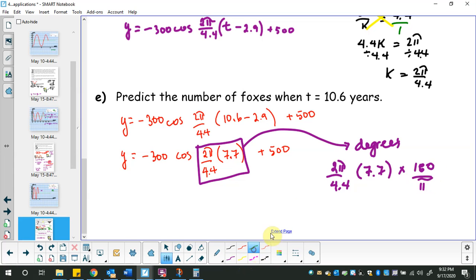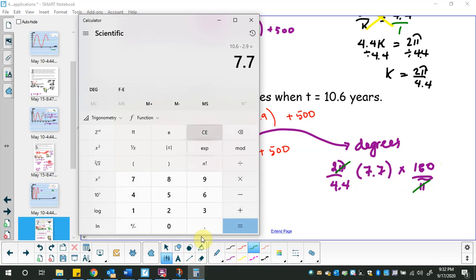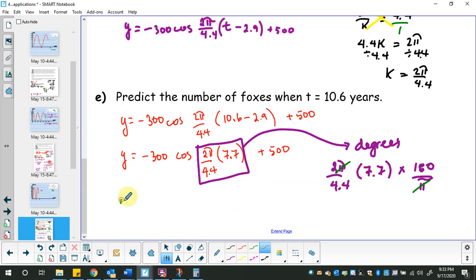And the reason I say you can just turn pi into 180 is those are going to disappear and you gain a 180 anyhow. So this is something I need to do on my calculator so I don't screw up. 2 divided by 4.4 times the 7.7 times the 180 is 630. So I have turned that box of radians into something I'm a little more comfortable with, which is 630.